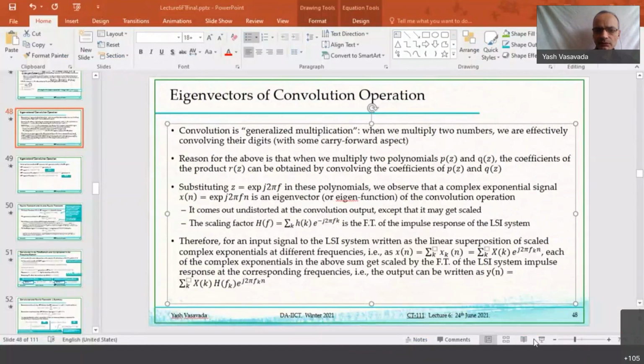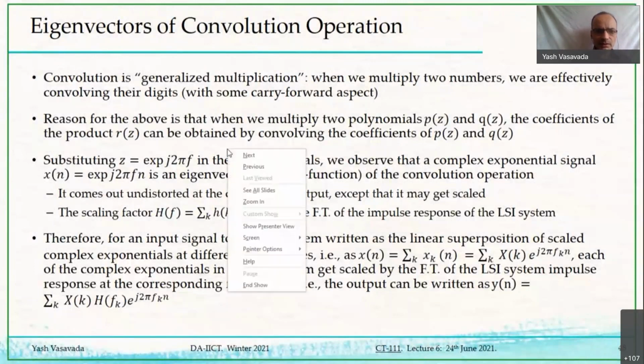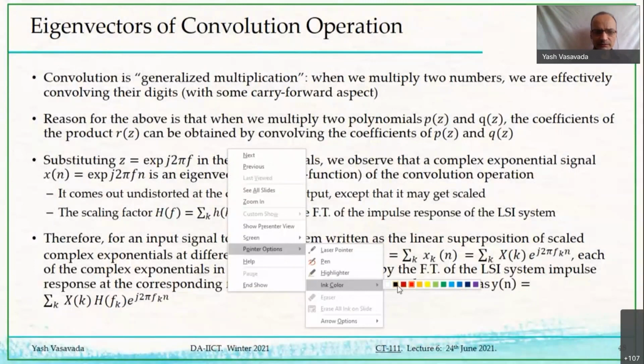So this is first of all a summary of what we have done previously. First is that we have seen that the convolution operation that we have been studying over the last several weeks is actually some type of multiplier.